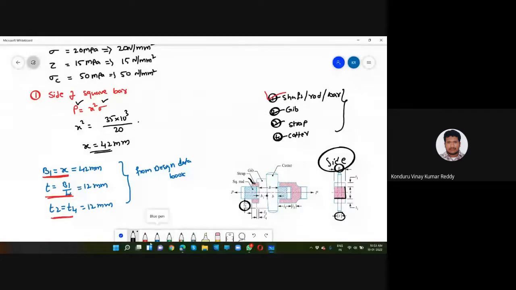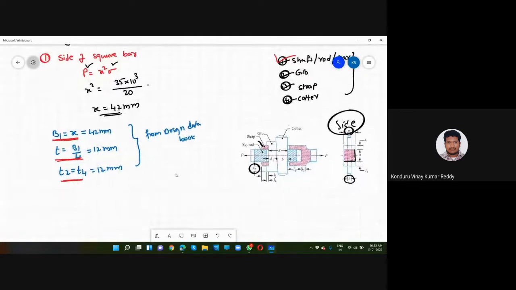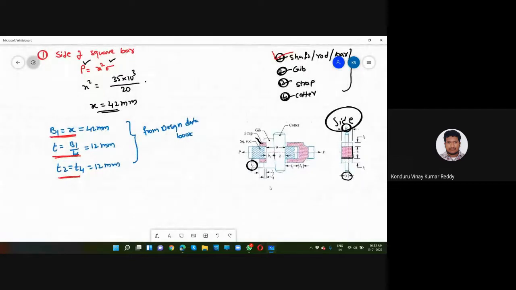We have found out all the values that are asked as per the design of our particular joint. That is b1 value, t value, t2 value, and t4 value.